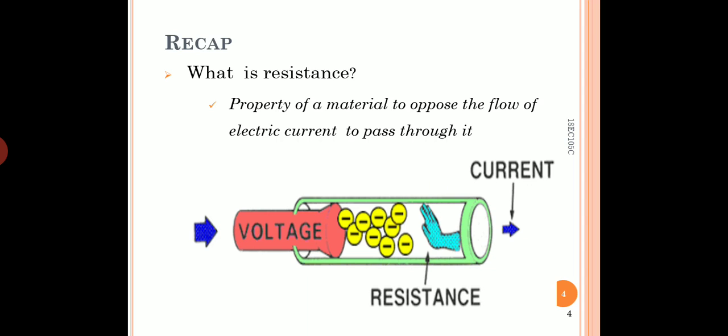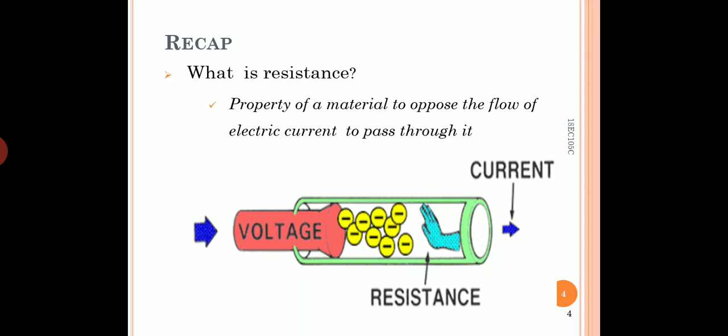So this is the denotation of the property of resistance. As per our definition, it is a property of the material to oppose the flow of electric current. Flow of electric current is nothing but flow of electrons through it.